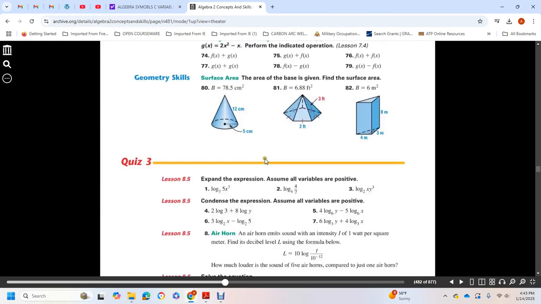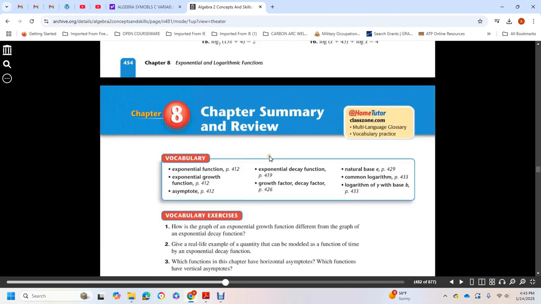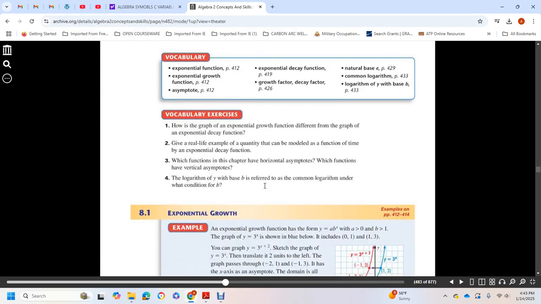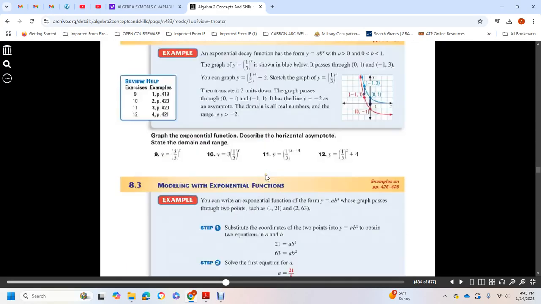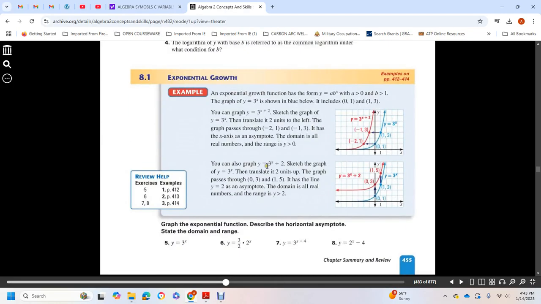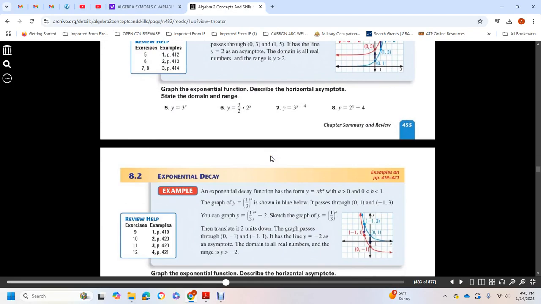And that's 8.6. Alright, Chapter 8 review. Chapter summary review. We've covered vocabulary terms: exponential function, exponential growth, asymptote, exponential decay, growth factor, decay factor, natural base, common logarithm, logarithm of y with base b. 8.1 was exponential growth and exponential decay.